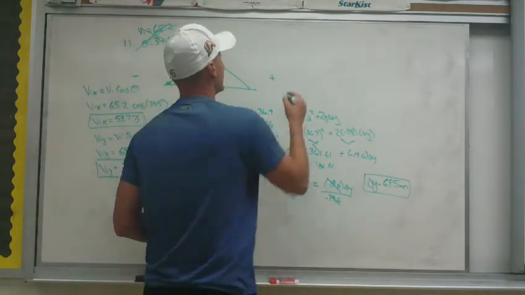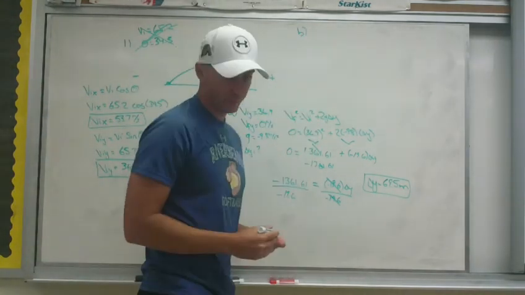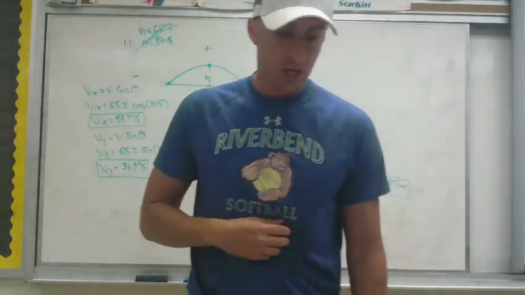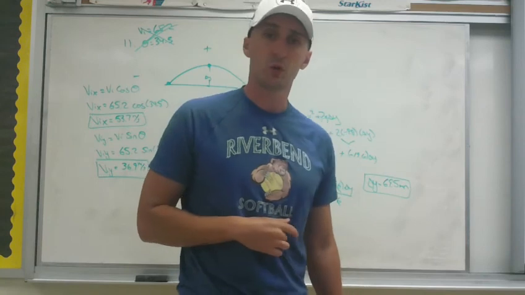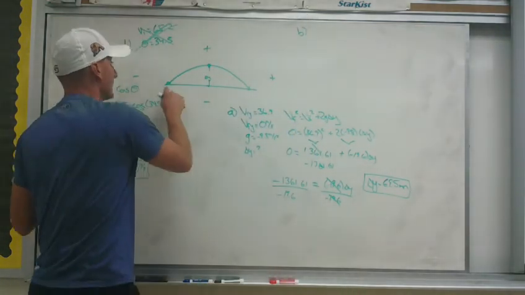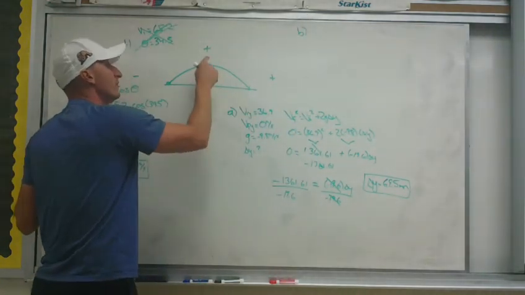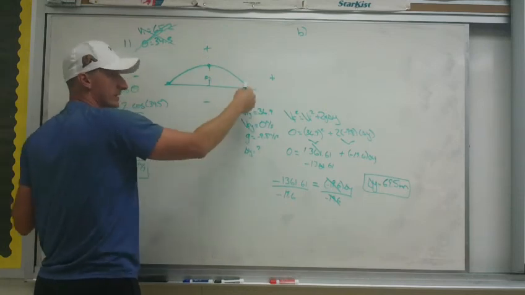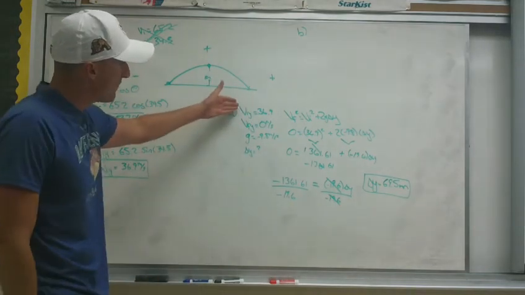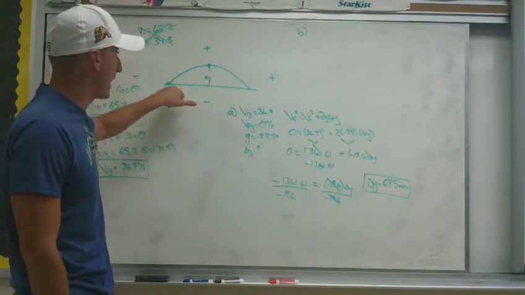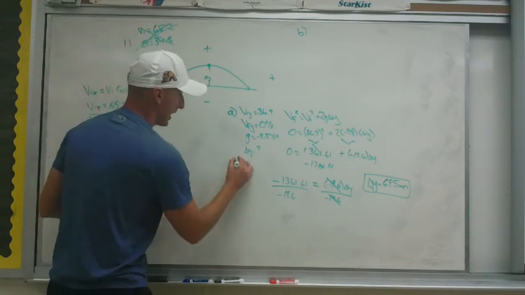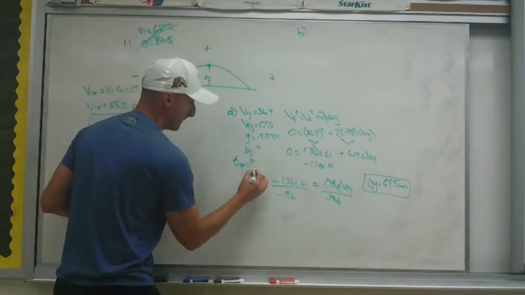All right? Let's look at B. B asks you the total time in the air. Since it lands at the same height, we can find the time up and then just double it, because it's the same time up as it is down. I already have variables listed from ground to highest point, so let's use those to find time up.